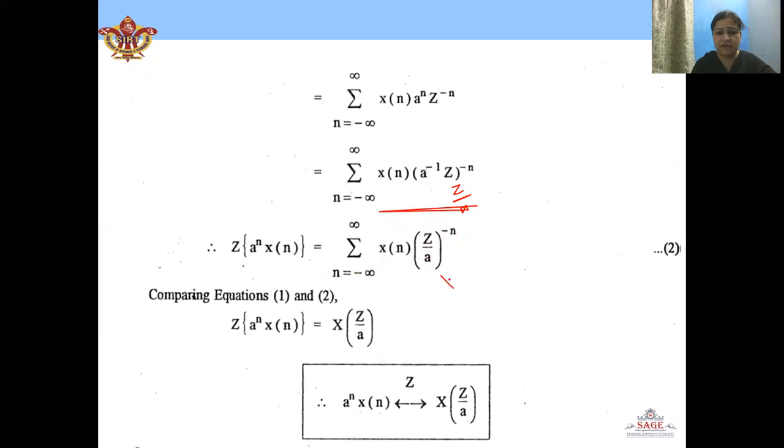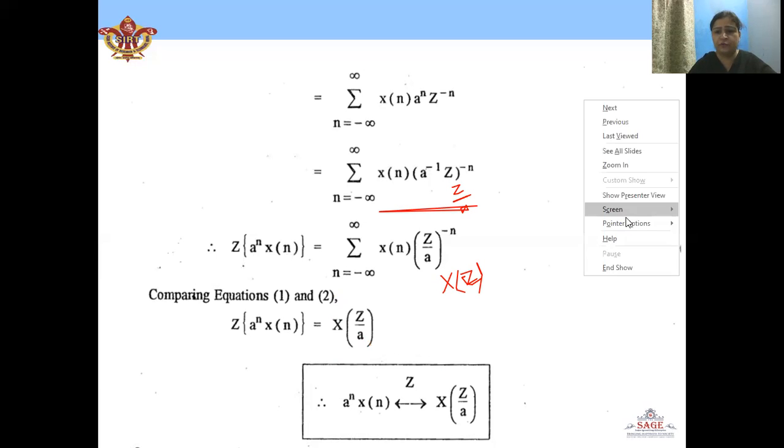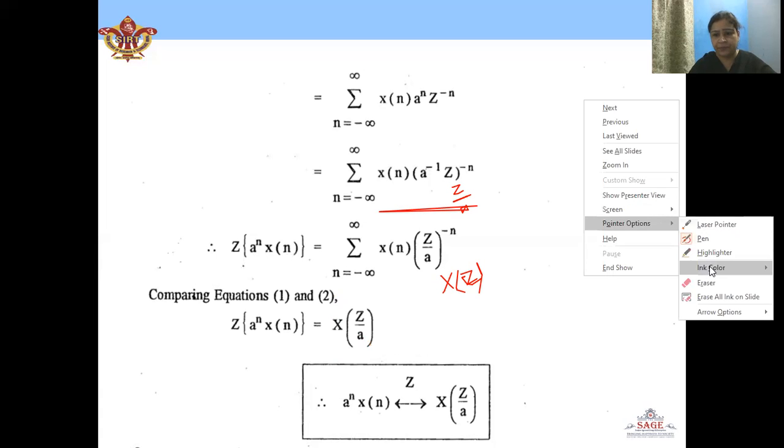So instead of writing X(z), we will write X(z upon a). So this is the property which we wanted to prove. So if we want to find out the Z transform of a raised to power n x(n), then it will have Z transform X(z upon a). Now we will move to the next property.